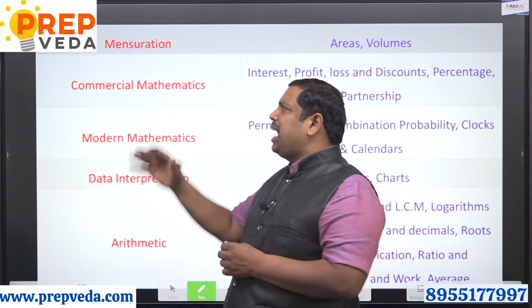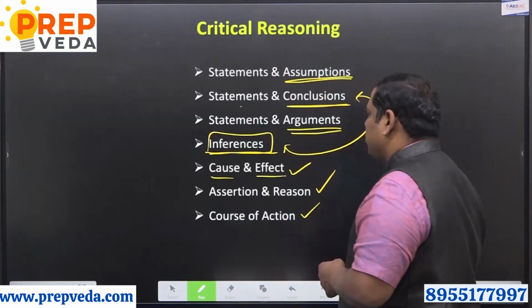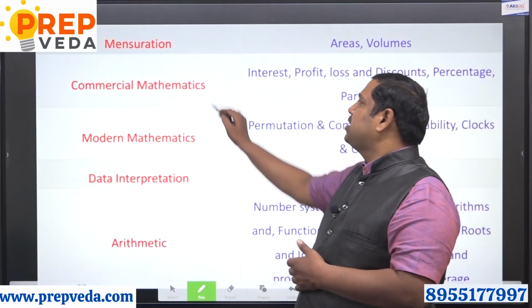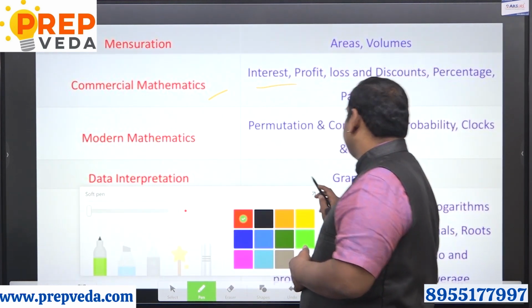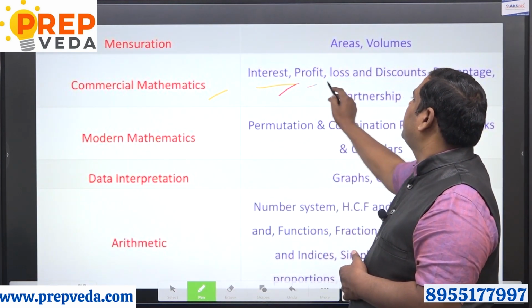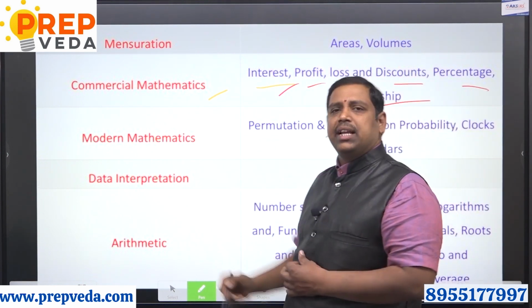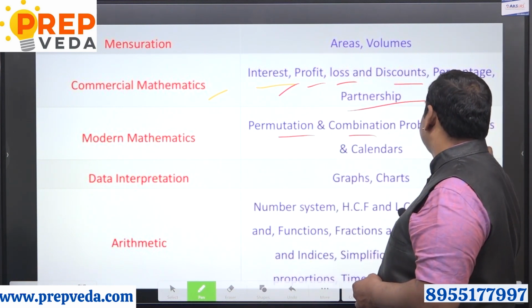Here I have grouped them in a different way. Why should I give them every time with bullets like this? Generalized, that's why I have classified them into different groups. Commercial mathematics means interest, profit and loss, discounts, percentages, partnership. Modern mathematics means permutations, combinations, clocks and calendars.